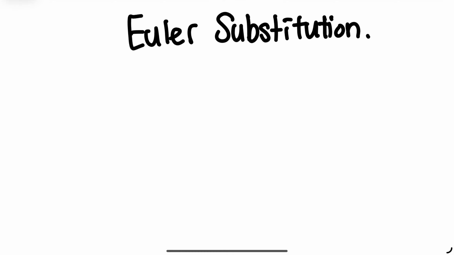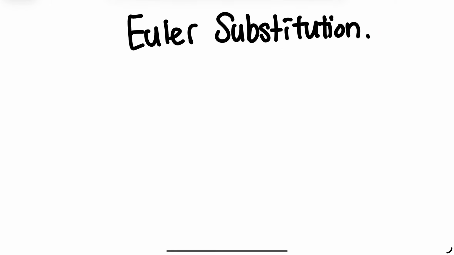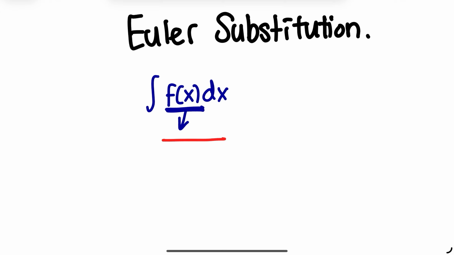In this video, I wish to cover a very special method called Euler Substitution. So what does this method even do? Whenever you see integrals in the form of, say, the integral of f(x) dx, and this integrand consists of a square root of a quadratic, you've definitely seen this in school, right?